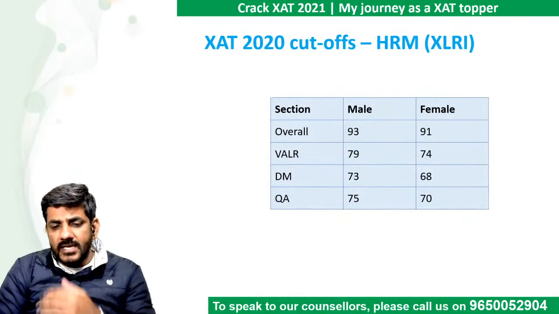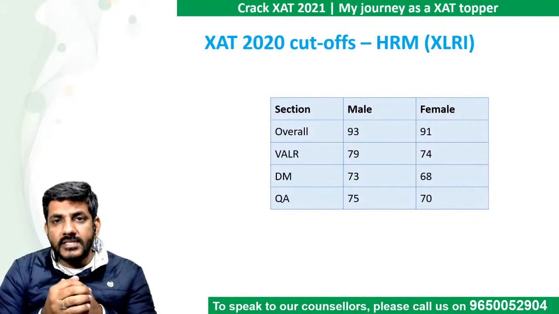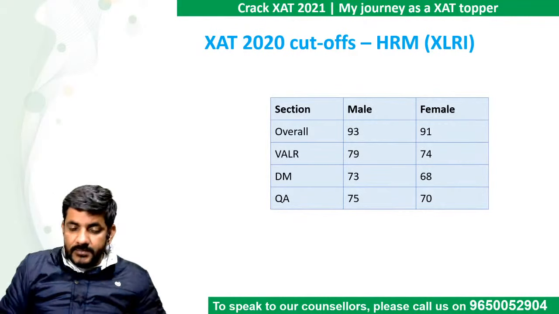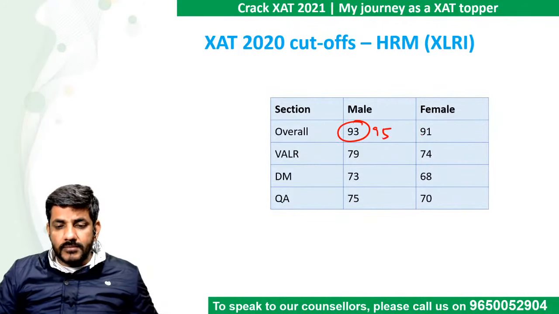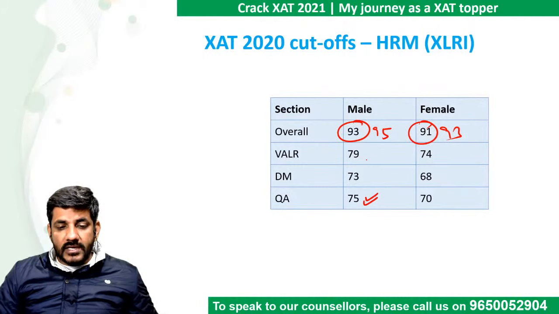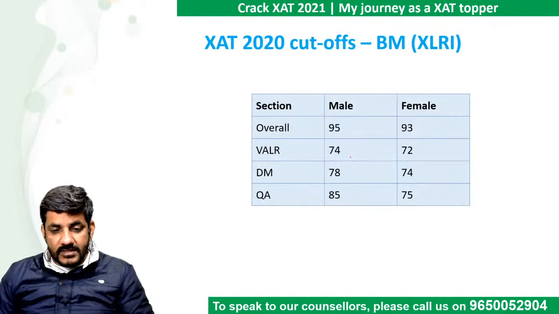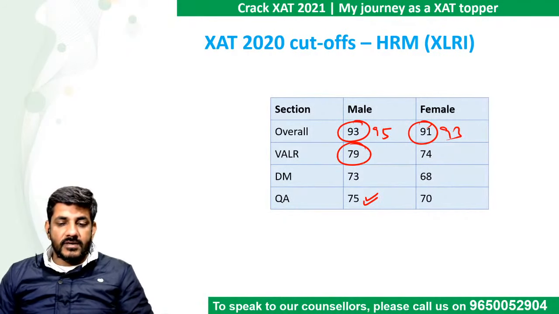As far as HR is concerned, these are slightly lower than BM. For HR, you will see that 95 has become 93, and the 93 has come down to 91. This figure has also decreased, but this has increased. Look carefully: this was 74 for BM, and for HRM they are saying it is 79.